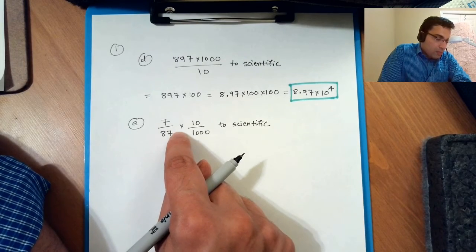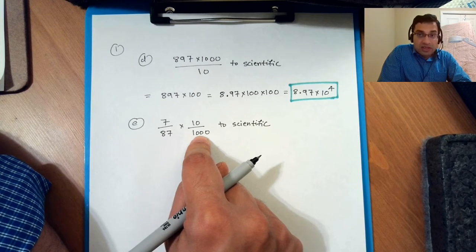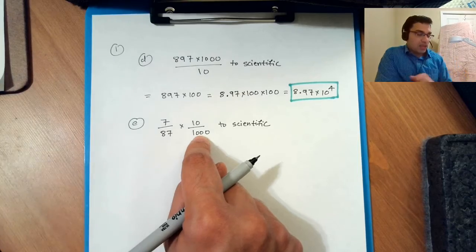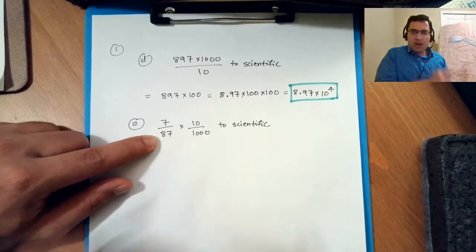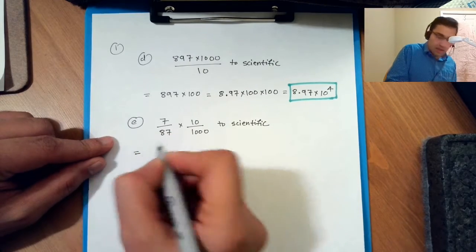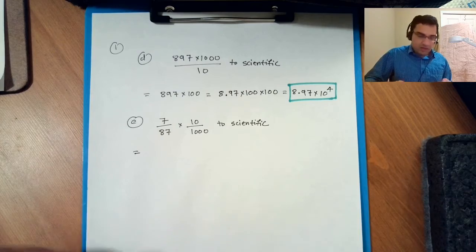So 10 divided by 1,000 is equivalent to dividing by 100. Okay, but for now we're not going to worry about that. Let's just take care of the 7 divided by 87. So you can use your calculator to do that.